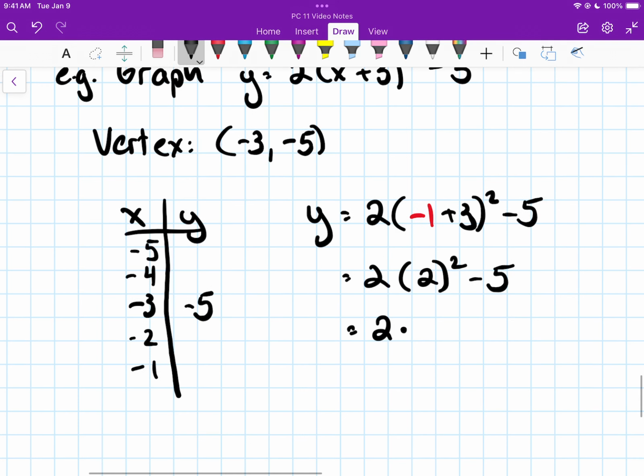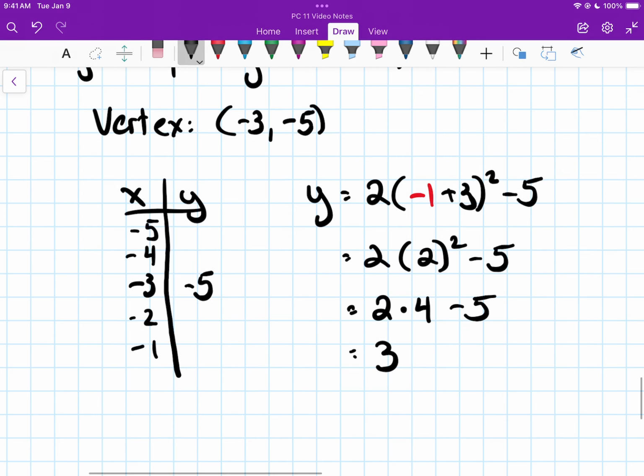So that's 2 times 4 minus 5. 2 times 4 is 8. And then 8 minus 5 gets us 3. So when x is -1, y is 3. But through the power of symmetry, that also means that when x is -5, y is going to be 3.